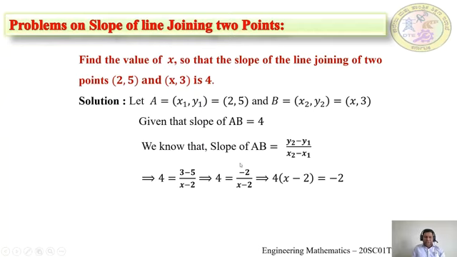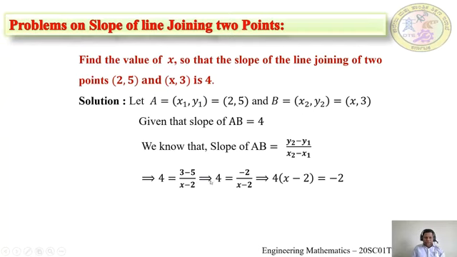Substituting, the slope of AB is 4, so 4 is equal to 3 minus 5 divided by x minus 2.